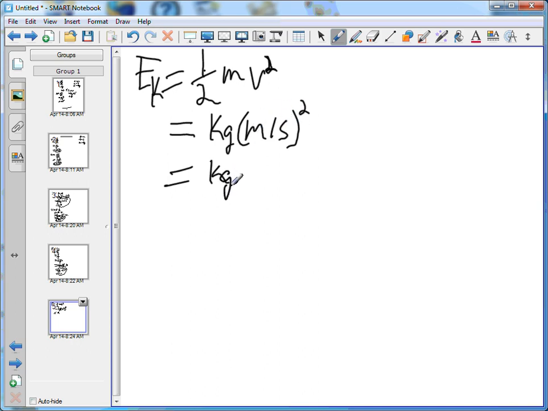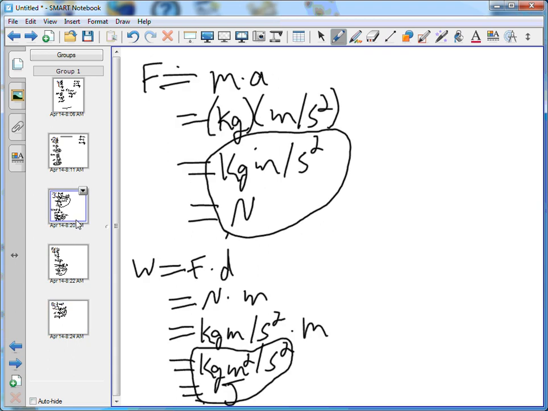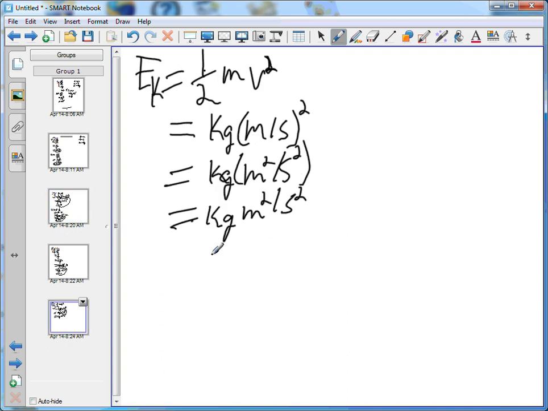So we square the meters, square the seconds. It equals kilogram meter squared per second squared. Now if we look back, a kilogram meter squared per second squared we defined as a joule. So kinetic energy is going to be measured in joules.